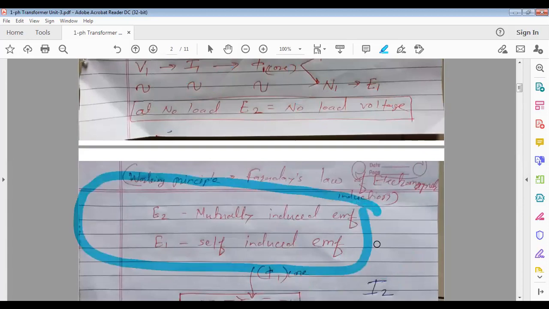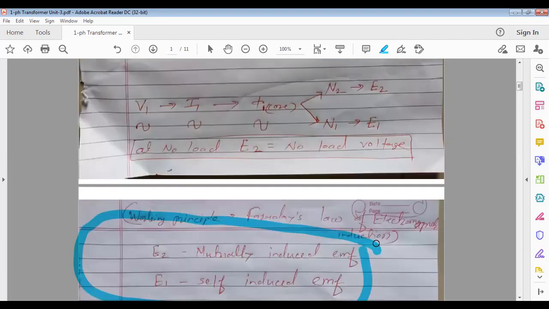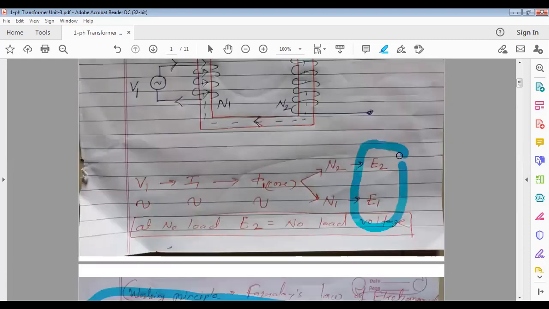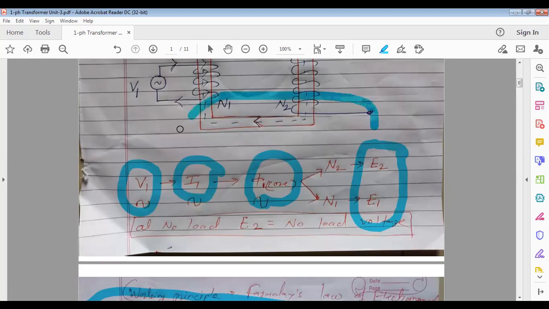So as per Faraday's law of electromagnetic induction, what will be the direction of these two? As per Lenz's law, E2 and E1 will oppose the cause producing them. Opposite, right? So E1 and E2 get produced because of phi1. Phi1 is produced because of N1 I1. N1 I1 means current is flowing because of V1. So when you see the phasor diagram for a transformer on load, you will find E1 and E2 will act in opposite direction to V1.